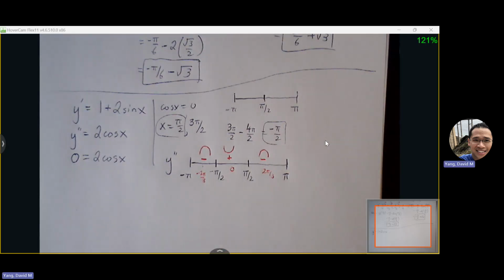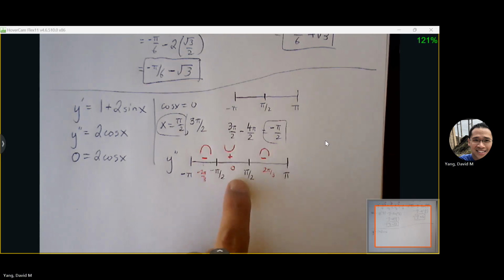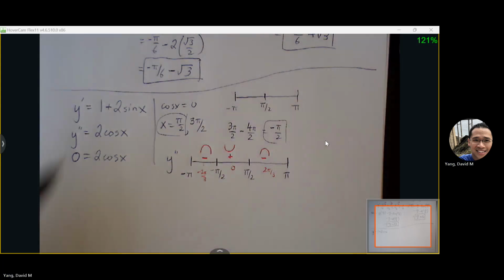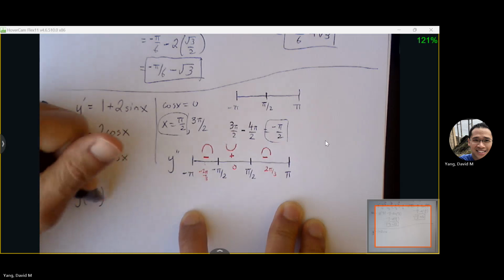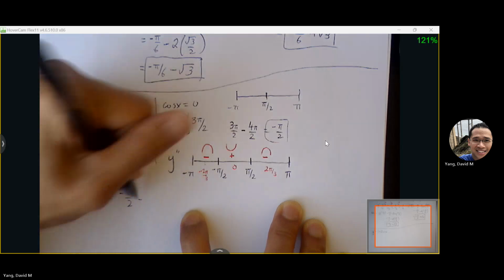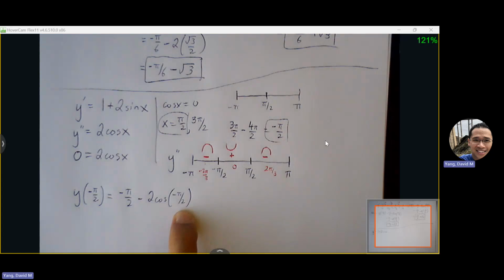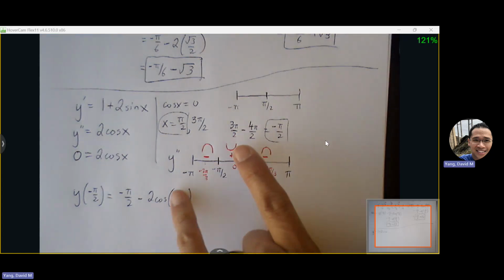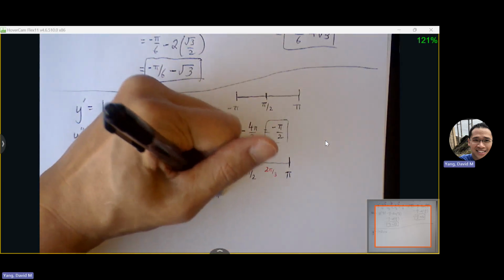Okay, how many points of inflection do we see? 2, yeah. There's change in signs. So we'll find ordered pairs at negative pi over 2 and pi over 2. Back into the original function. We know negative pi over 2, we'll treat it like 3 pi over 2. Cosine of 3 pi over 2 is just going to be 0. So it's just going to be left with negative pi over 2.